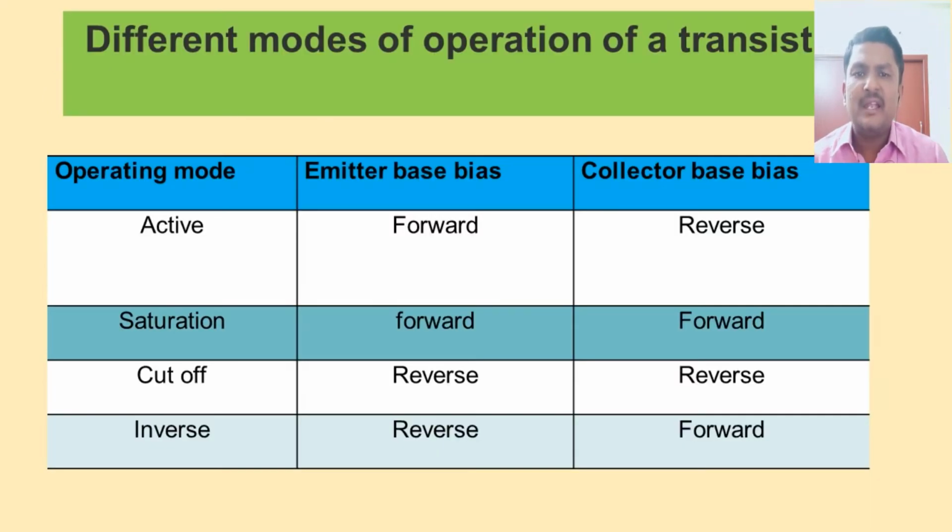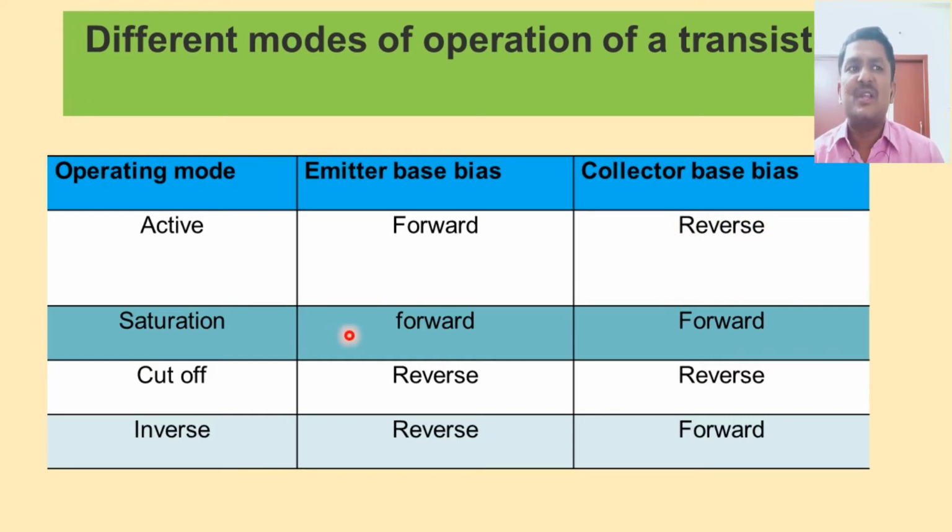Already we discussed four modes of operation of a transistor, and first operating mode is active mode. In active mode, emitter base junction is in forward bias condition and collector base junction is in reverse bias condition.